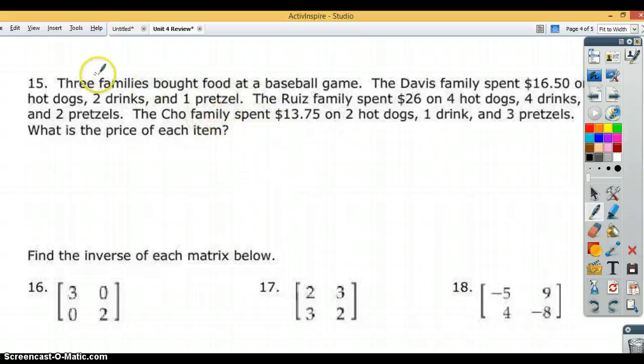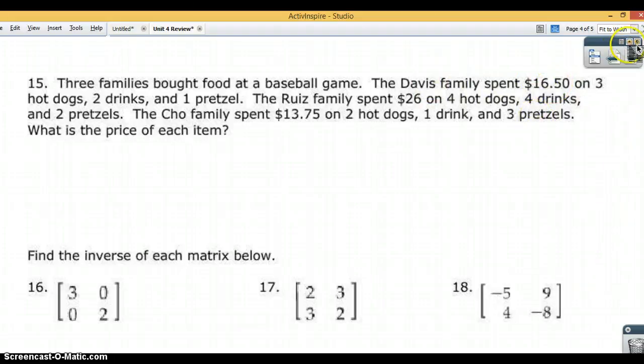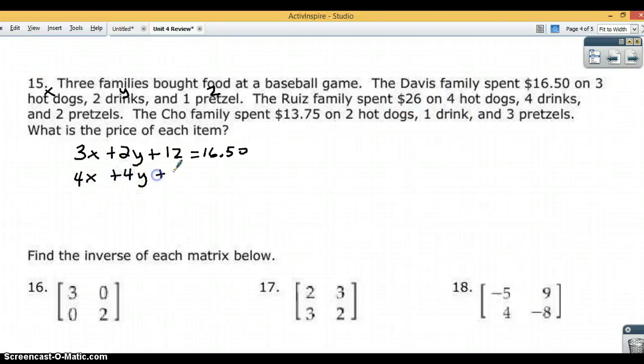And this one here, but I'll go over this one. So it says 3 families bought food at a baseball game. The Davis family spent $16.50 on 3 hot dogs, which we will call X, 2 drinks, which we'll call Y, and 1 pretzel, which we'll call Z. So 3X, 2Y, and 1Z is equal to $16.50. The Ruiz family spent $26 on 4 hot dogs, so that's 4X, 4 drinks, and 2 pretzels, and they spent 26.